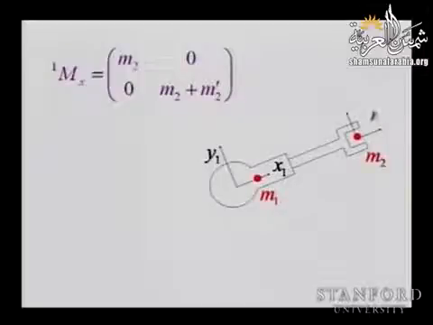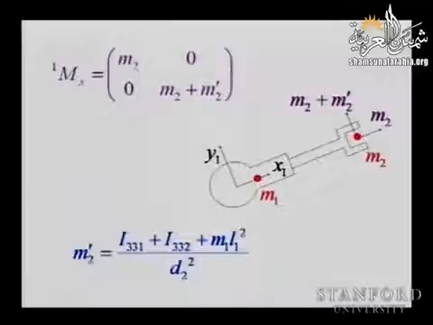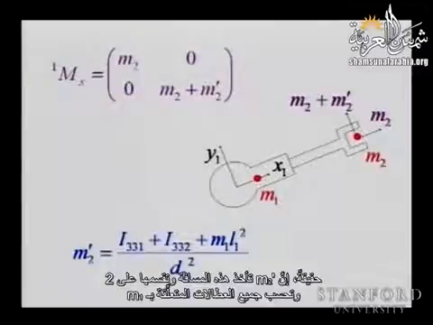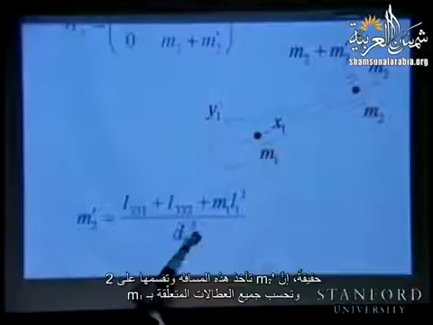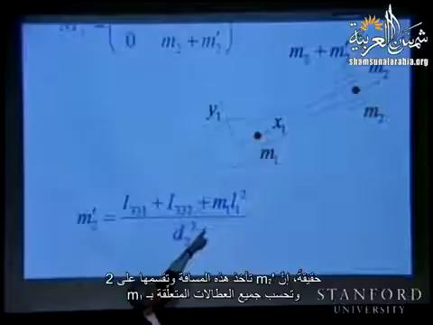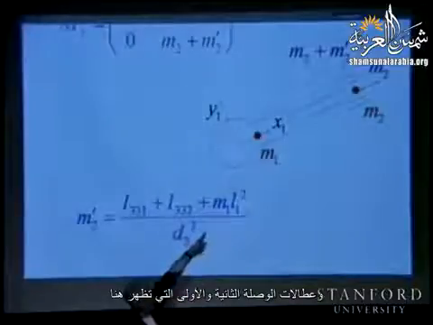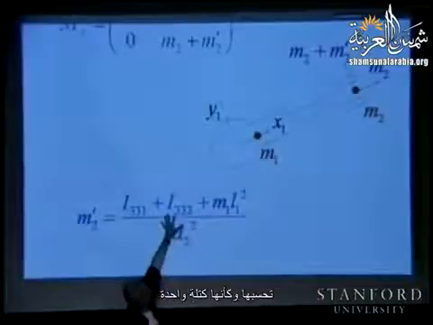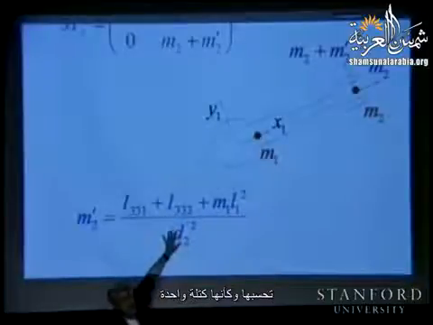Right? So essentially what you are doing, actually M2 prime, is taking this distance, dividing it by 2, and computing all the inertias related to M1, the inertias of link 2 and link 1 that appear here, and all as if they were just a mass. So this is what you're doing.